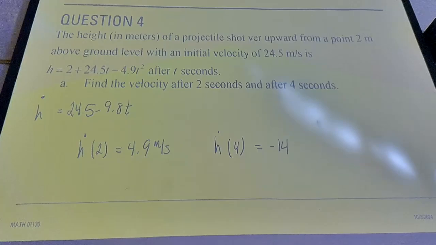What does that negative signify? It's going down. Right, so what you would say is position is decreasing. That's what the velocity being negative means. So the height would be decreasing instead of increasing.